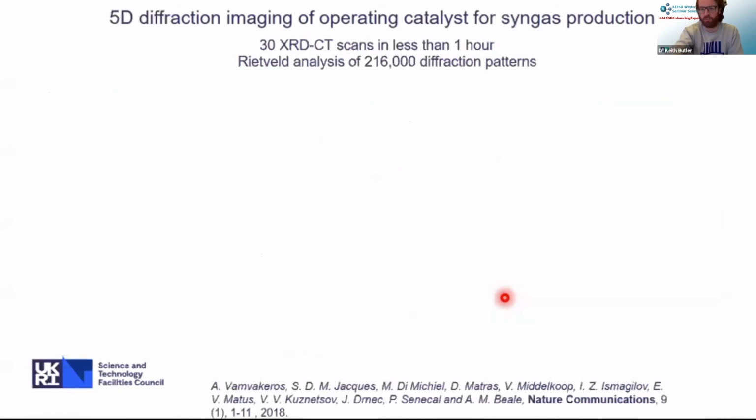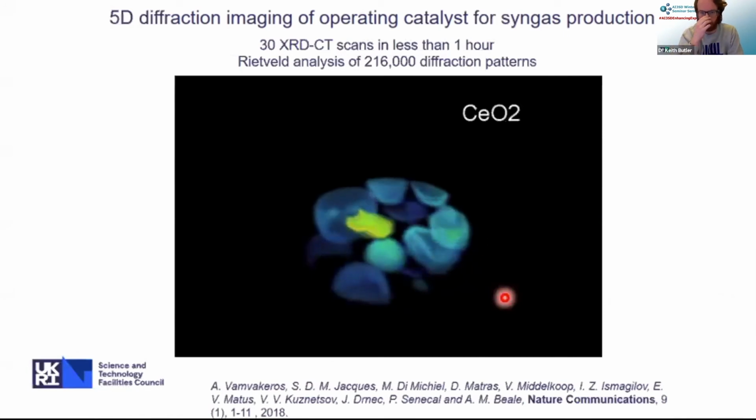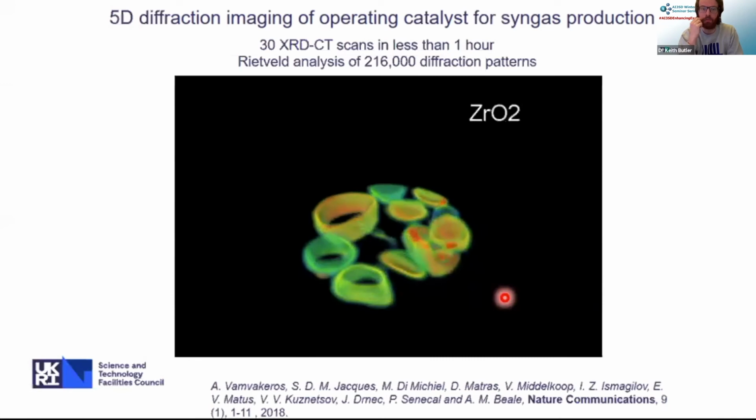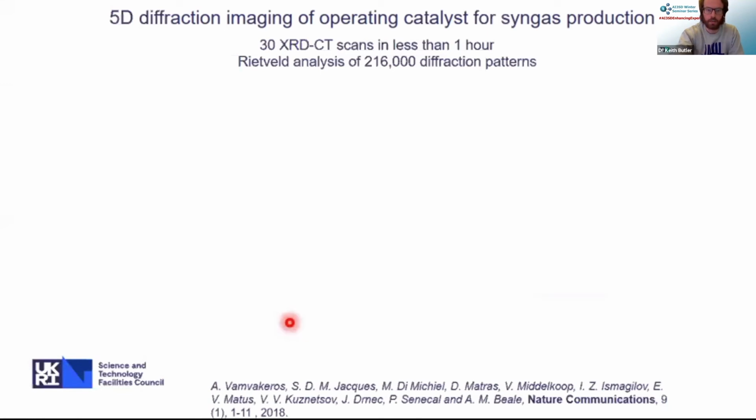So what we were interested in is actually super resolution. And I'm just going to quickly show you, just because this movie is very cool. This is an example of X-ray diffraction CT that was done by Finden beforehand. So with X-ray diffraction CT, can I get the movie to play again?